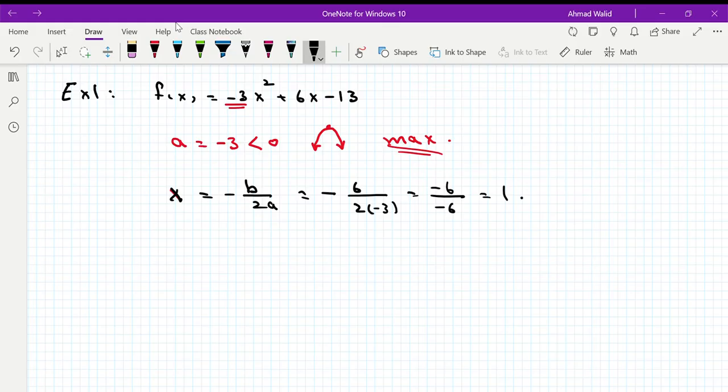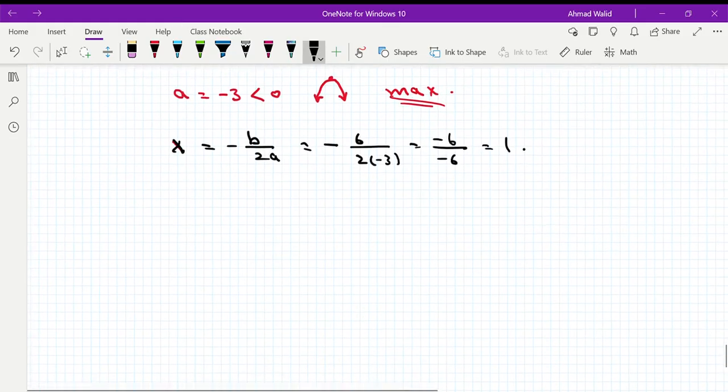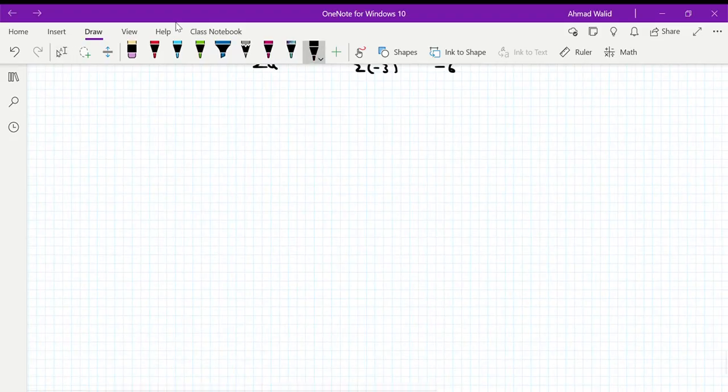The last part of your lecture, let's talk a little bit about applications of quadratic functions. I know no one likes the word problems, but they're really easy.